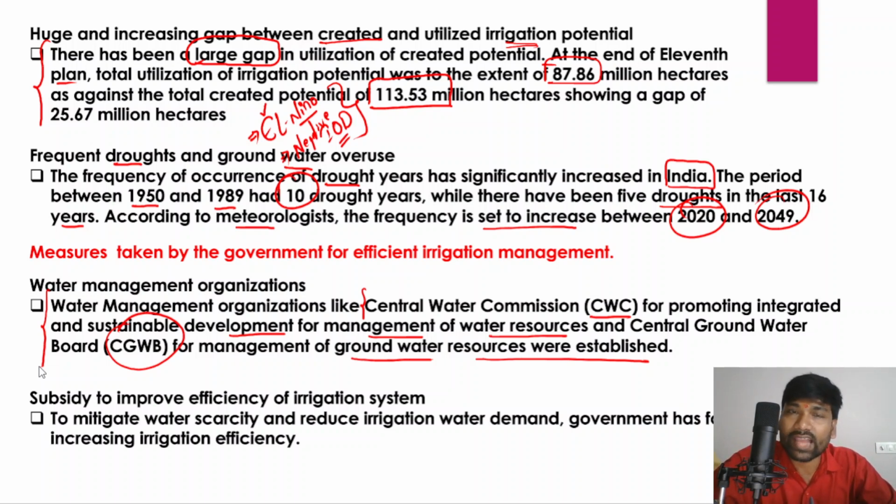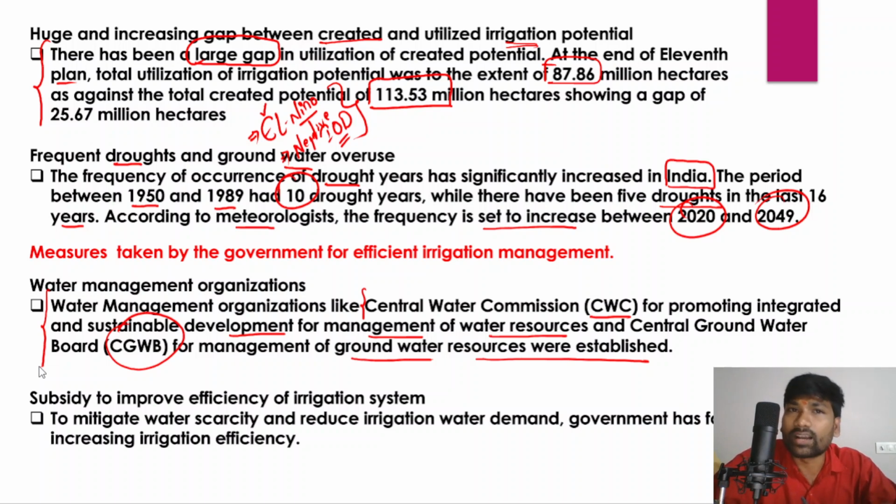They actively take part in the government's policy framework for the conservation of existing scarce water resources, and they also put forward essential guidelines for the wise use of water resources. So all these things are being done by the water management organizations established by the government. There are two very important organizations: one is the Central Water Commission and the second is the Central Groundwater Board.